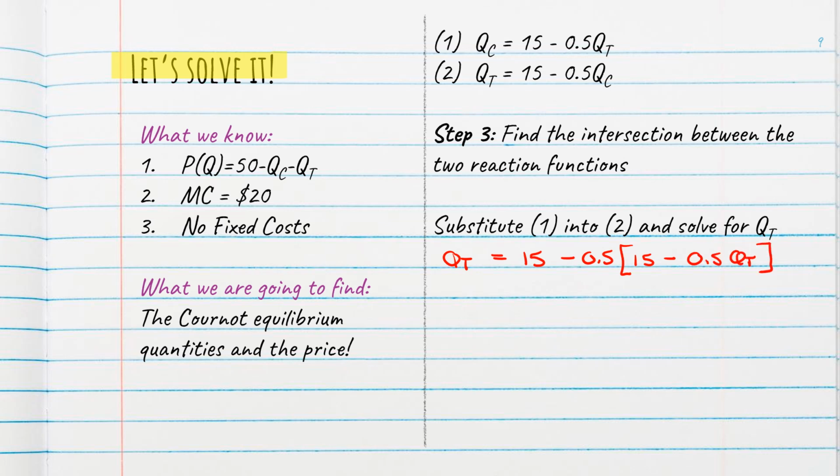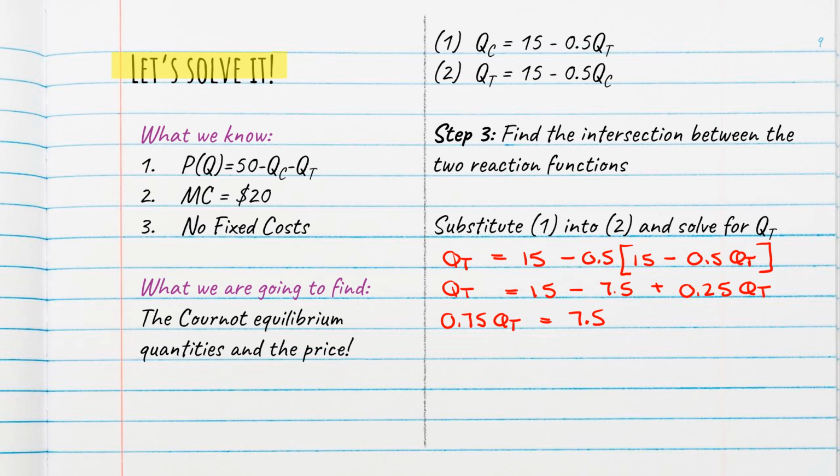Now I can deal with this parenthetical. QT is equal to 15 minus a half of 15, which is 7.5, minus 0.5 times minus 0.5, which is plus 0.25 QT. Now I'm going to collect all my QTs on the left-hand side of the equation. I have 1 minus 0.25, which is 0.75 QT, is equal to 7.5. From here, I think the smartest thing we can do is convert to fractions.